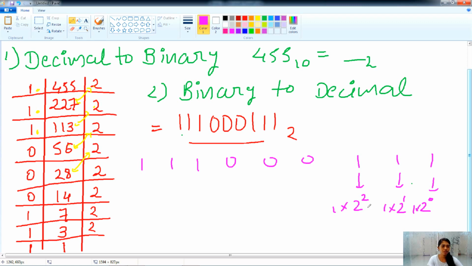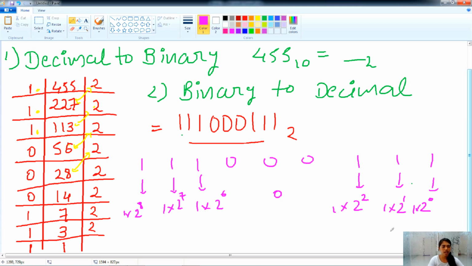But now that you have practiced a lot, it will be fine if you don't write, but you just have to remember this. Again, for all this, it will be 0. For this one, 1 into 2 raised to 6. For this, it would be 1 into 2 raised to 7. And for this, it would be 2 raised to 8 into 1.